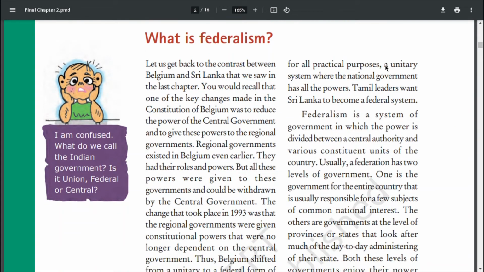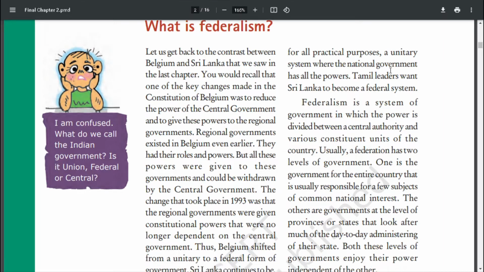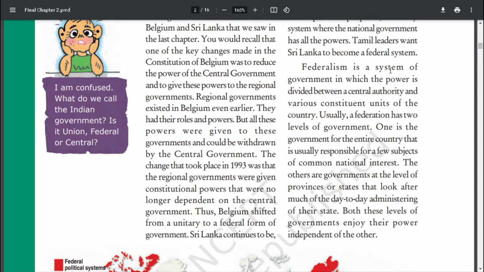What is federalism? Let us go back to the contrast between Belgium and Sri Lanka that we saw in the last chapter. You would recall that one of the key changes made in the Constitution of Belgium was to reduce the power of the central government and to give these powers to the regional governments. Regional governments existed in Belgium even earlier. They had their roles and powers, but all these powers were given to these governments and could be withdrawn by the central government.